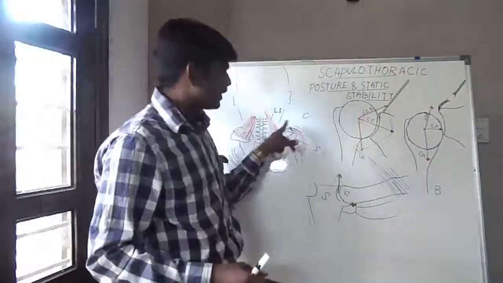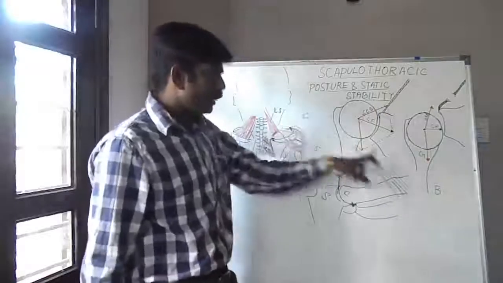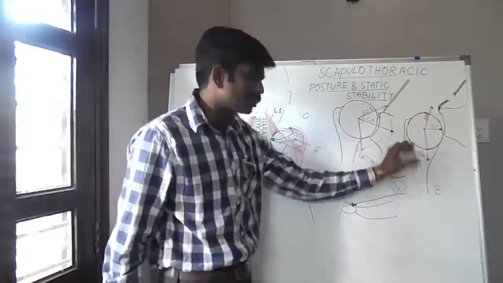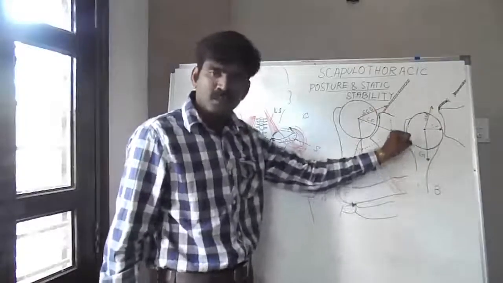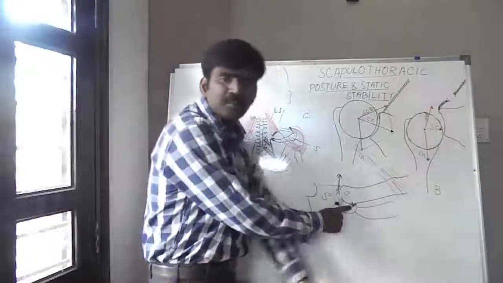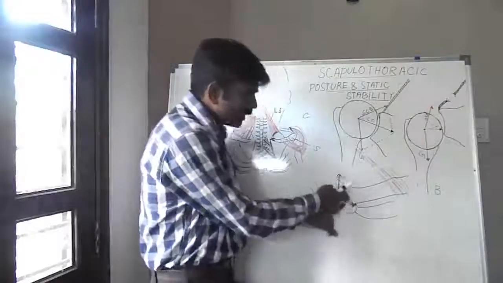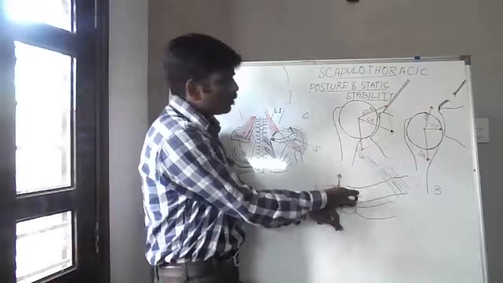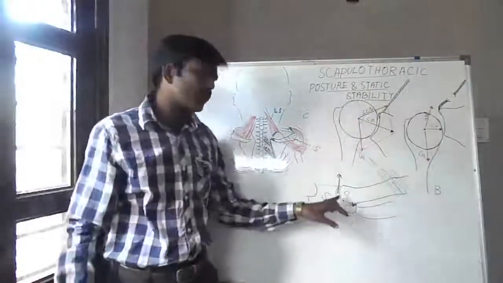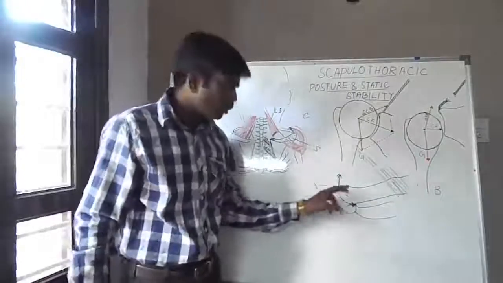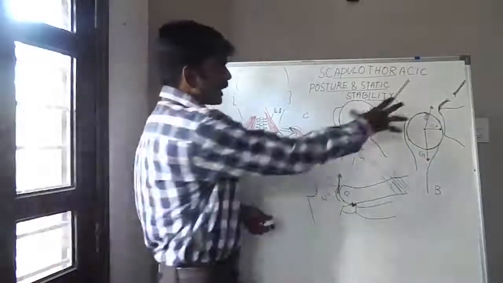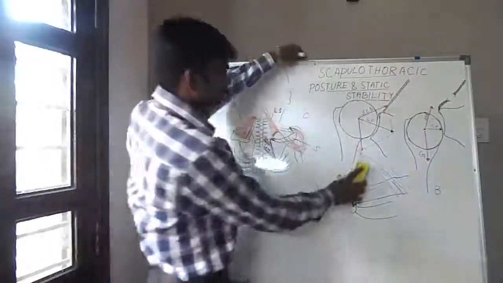If the elevators are paralyzed, the lateral end of the clavicle is dropped, and with the leverage of the first rib, the clavicle will gradually migrate superiorly and it will result in dislocation of the sternoclavicular joint.